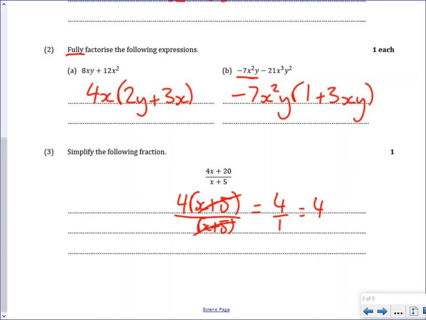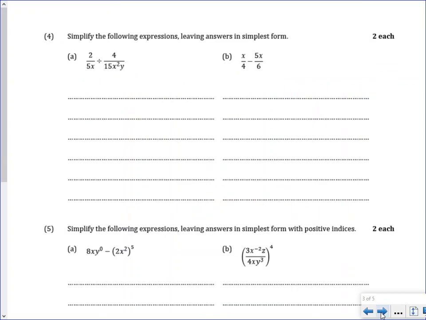Alright, going on to the next page. We have a few more things involving algebraic fractions. First of all, we have a division question, and as we know, whenever we're dividing fractions, we flip the second one and we multiply. So we're left with 2 over 5x times 15x squared y over 4.